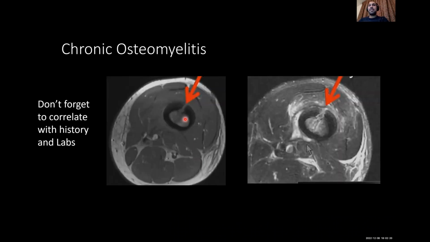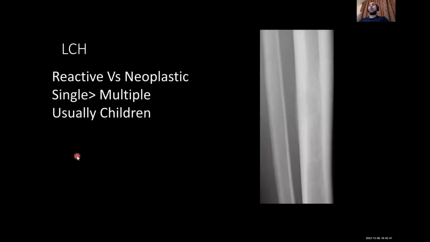There may be a sinus tract to the soft tissue, filled with granulation tissue when healed, and with pus during activity. So the history and labs are very important: fever, pain, short duration of pain.